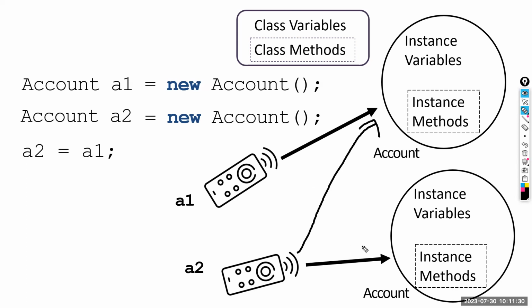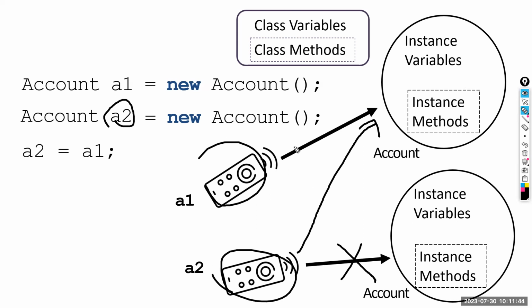So therefore, it can't look at two objects. So the link is destroyed. Now your A2 reference variable is also referring to A1's object. So if A1 is referring to the account number 001, and A2 earlier may have referred to 002, but now both are referring to 001 account number.